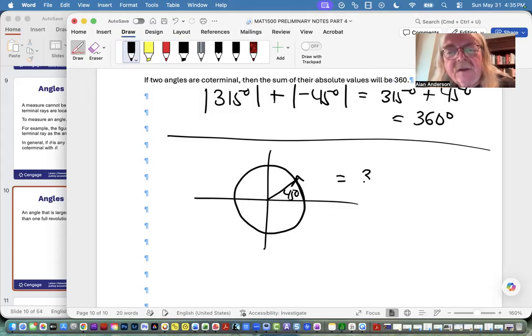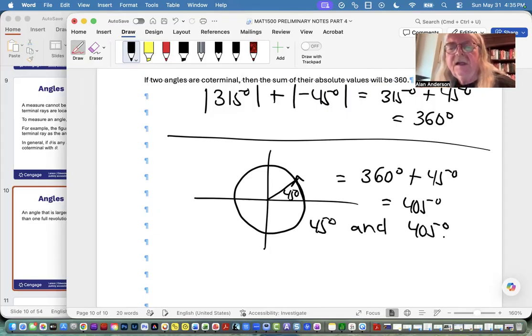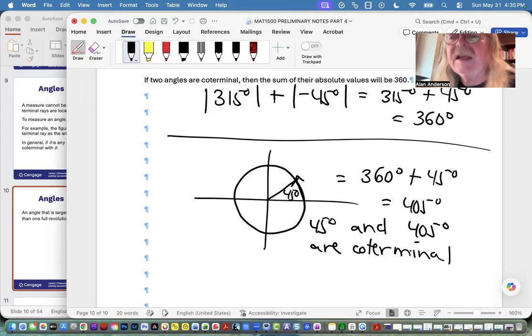Well, you traveled 360 degrees to get around the circle and then another 45. So that means that these angles, 45 and 405, are coterminal. They both bring us to the same point. And of course, you can go around twice or three times, as many times as you want.